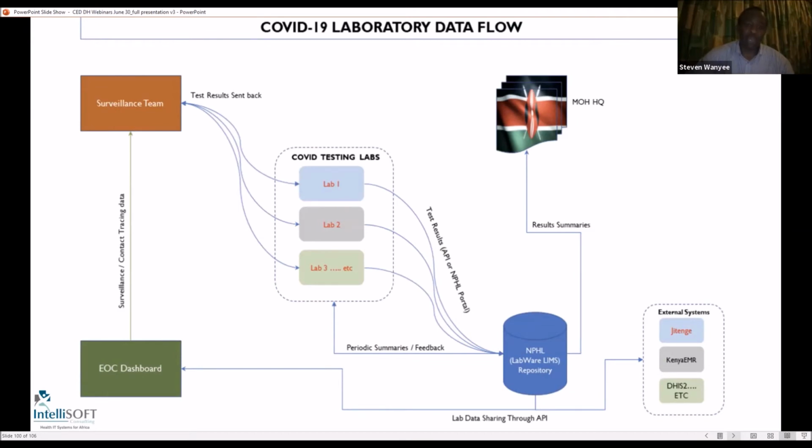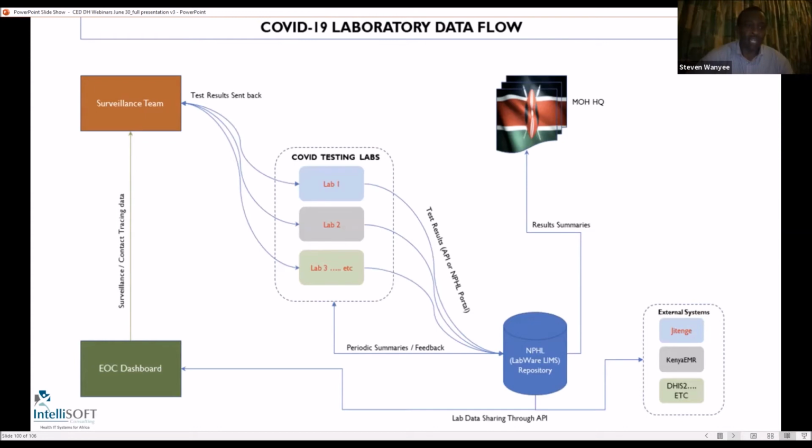Similarly, the lab also sends the data to the National Public Health Lab, which is for QA, quality assurance, but also it's required by law to send all the data here before the data is publicly released, for legal accountability as well.